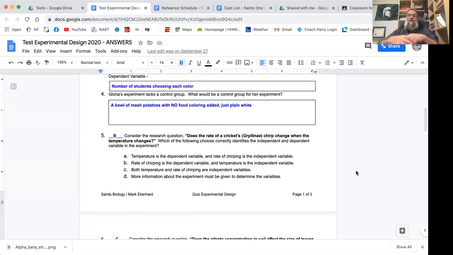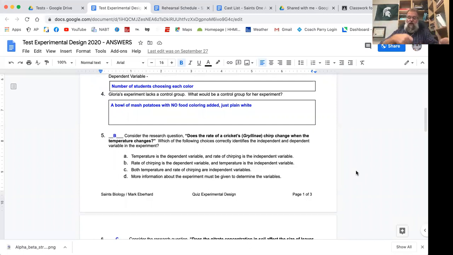Number 5, again, is getting at variables. There's a research question: does the rate of crickets' chirp change when the temperature changes? So what are we changing on purpose? Are we changing the rate of chirping or are we changing the temperature? Well, as the researcher, I really can't change the rate of chirping, but I can easily change the temperature.